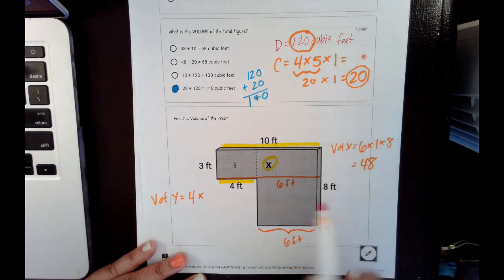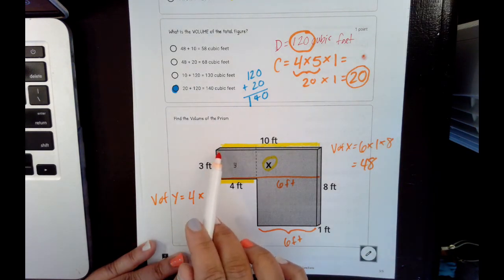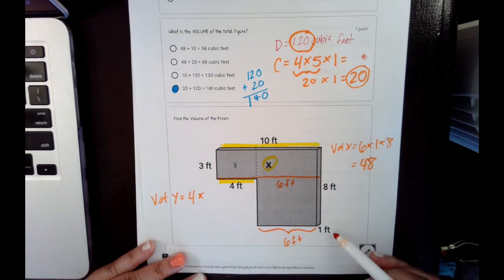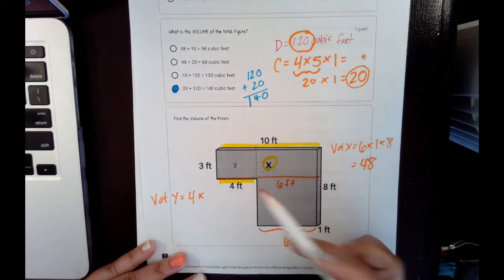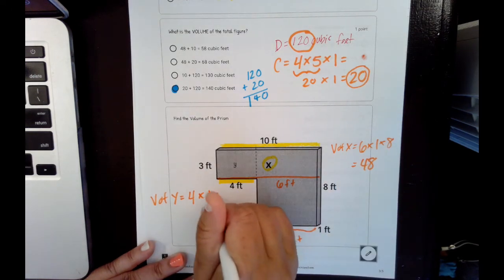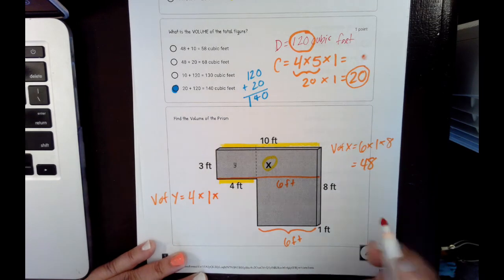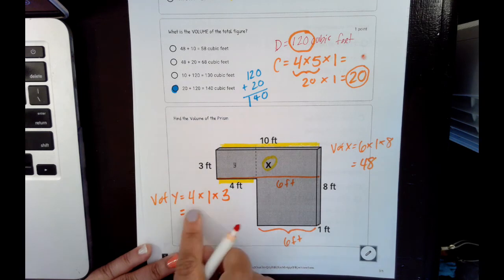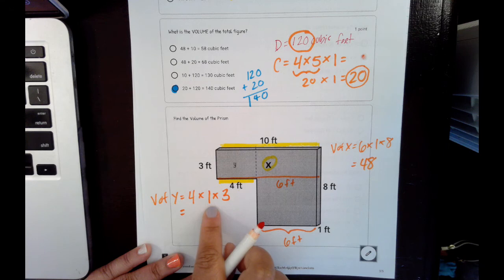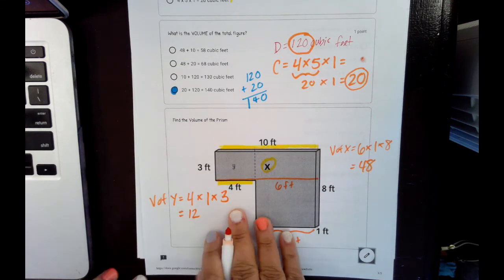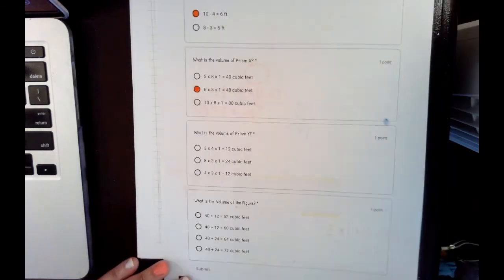It doesn't show us here, but it does show us right here that the width for the whole figure is 1 foot. So the width for Y is also 1 foot. And the height is 3 feet. So length times width times height is 4 times 1, which is 4, times 3, and that makes 12. So 12 cubic feet.